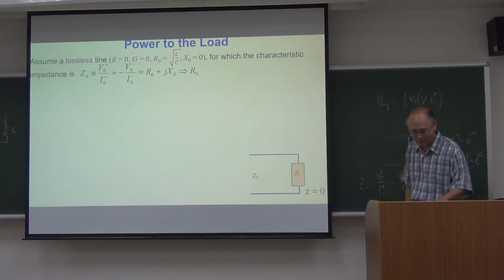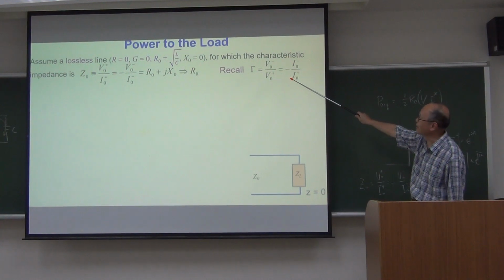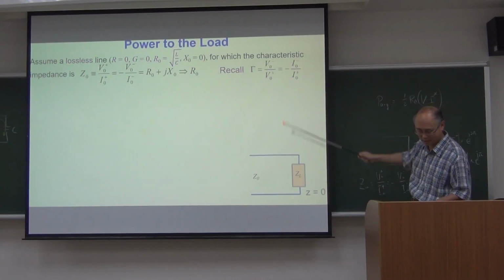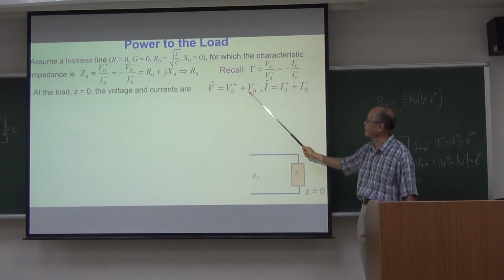With this, you also have another formula, that is the reflection coefficient given by this. With these two, you can start to multiply them together.